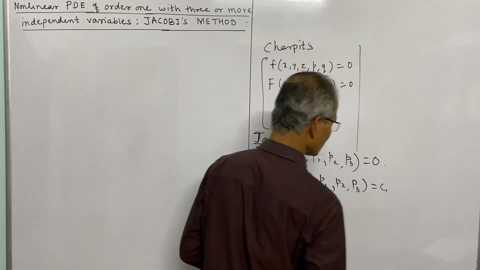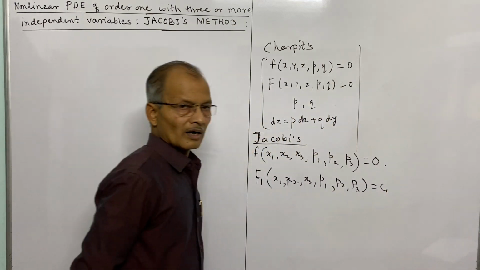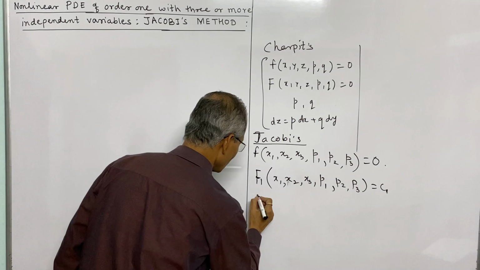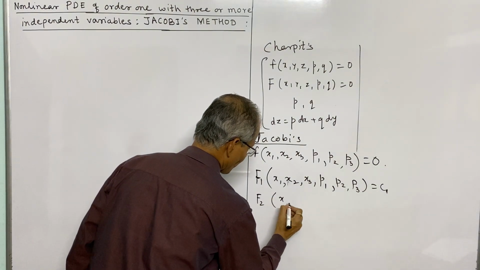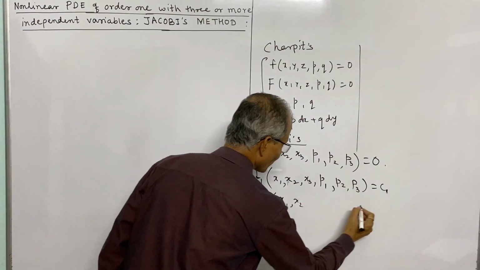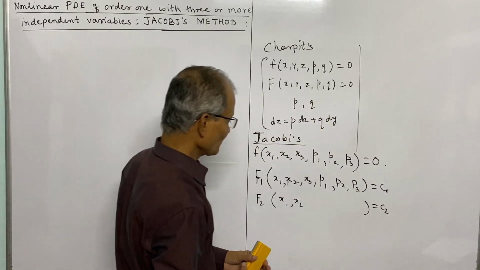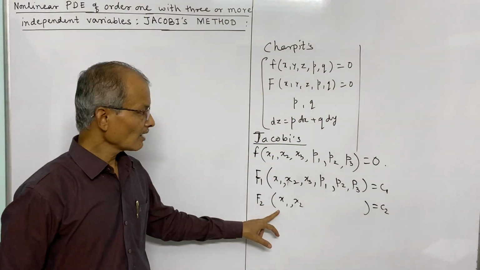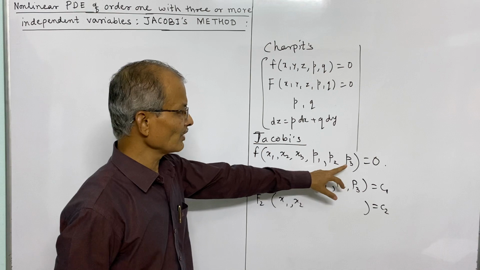The second relation we consider as f2, of the same variables, equal to c2. From these three relations we shall obtain the values of p1, p2, p3.